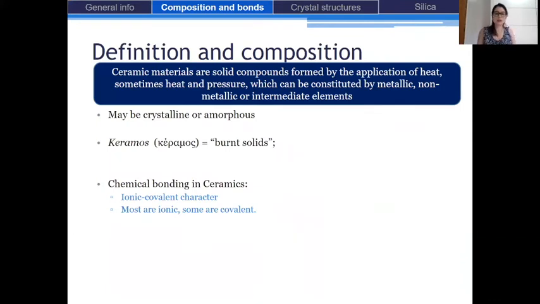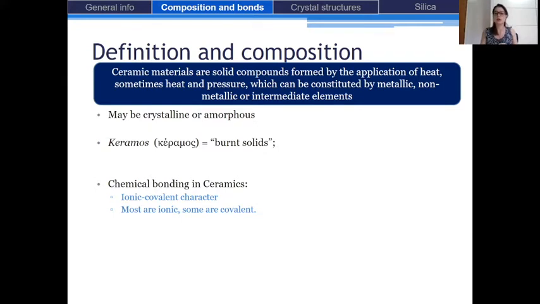So now focusing on the definition and the composition of these ceramics. Ceramic materials are solid compounds formed by the application of heat, sometimes heat and pressure, which can be constituted by metallic, non-metallic, or intermediate elements.